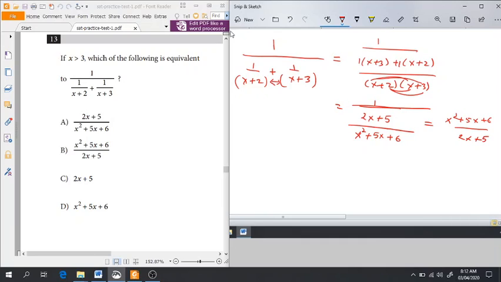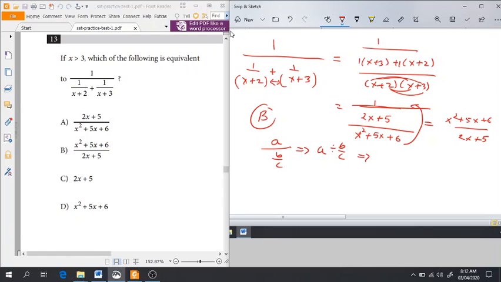So that corresponds to option B. Why am I taking this term to the numerator? Look at what is actually happening. If I'm saying a over b over c, this can be written as a divided by b over c. So how do you convert this division into multiplication?